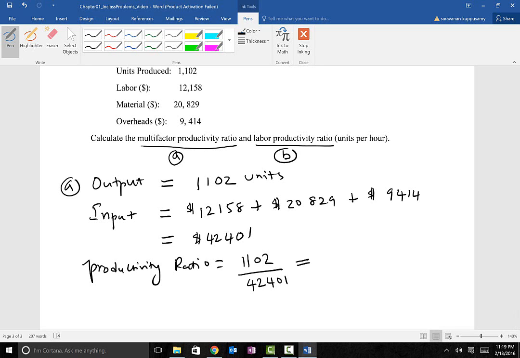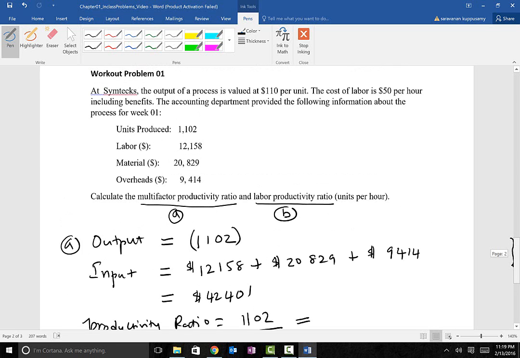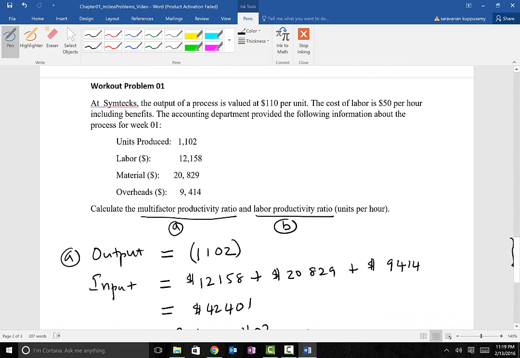I'm sorry, I think I need to correct this a little bit. In this problem, the number of units produced is given, which is 1102, and each one of those units is valued at $110.